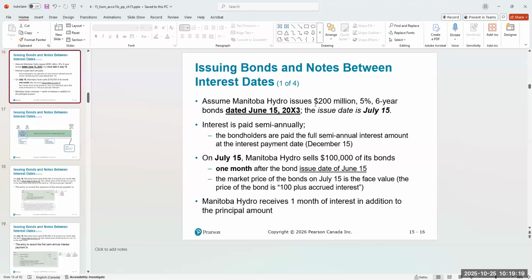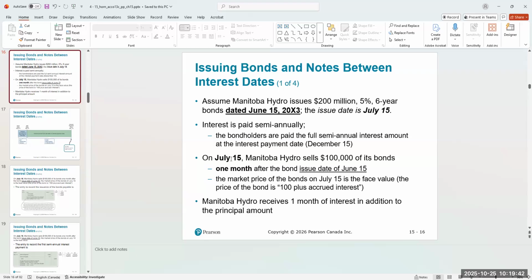So this company issued $200 million, 5% 6-year bonds, which are dated June 15th, which are issued July 15th. Interest is paid semi-annually, and the bondholders are paid the full semi-annual interest amount on the interest payment date, December 15th.